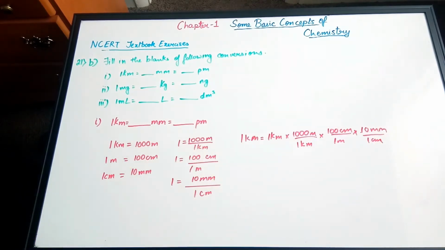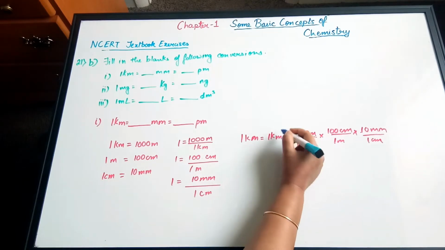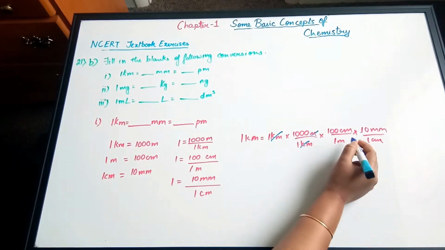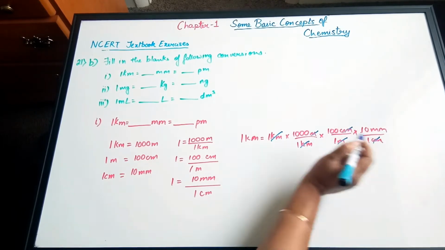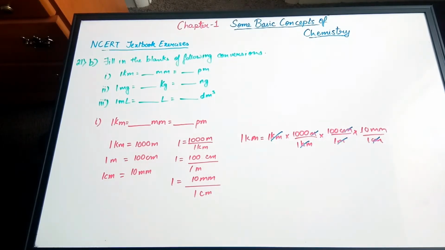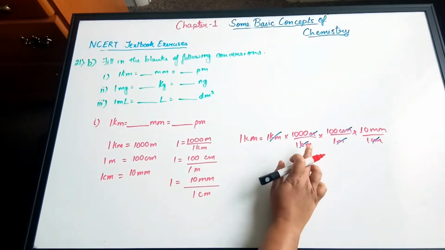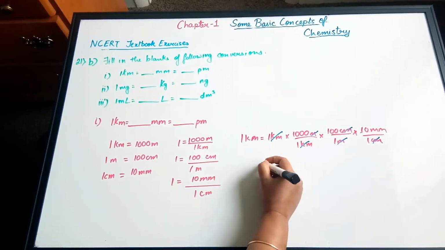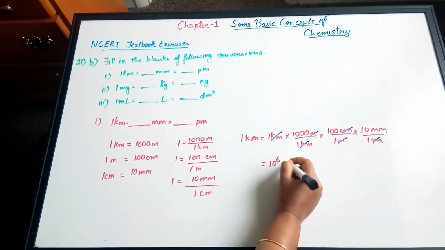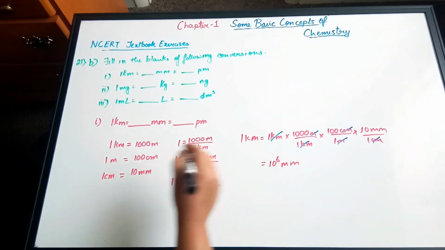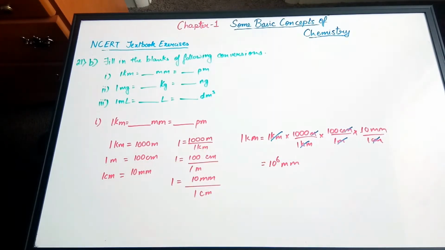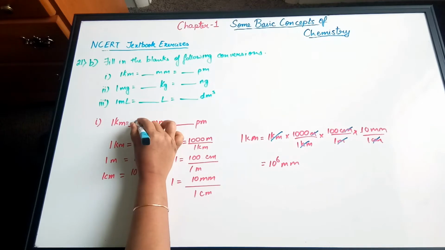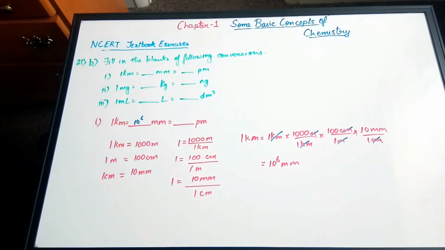Based on the rules of unit conversion method, kilometer gets cancelled, meter gets cancelled, centimeter gets cancelled, giving us millimeter. That's 1, 2, 3, 4, 5, 6. There are 6 zeros. So 10 to the power 6 millimeter. So 1 kilometer is equal to 10 to the power 6 millimeter.